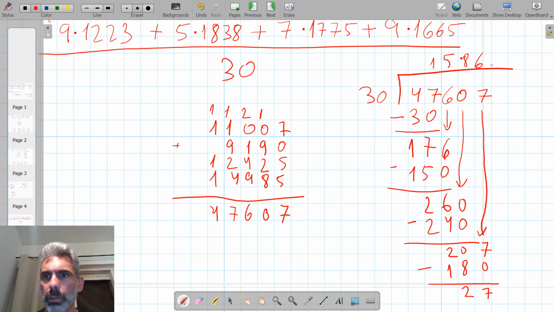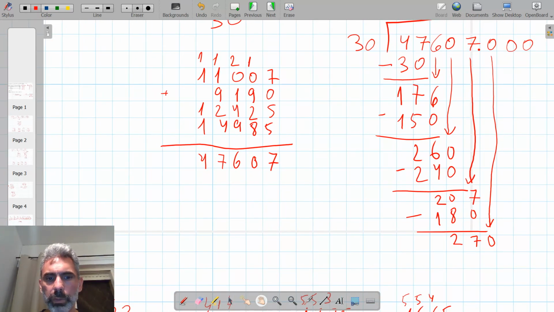Okay, so decimal point. 30 doesn't go into 27, but it does go into 270. Exactly 9 times, right? So 9 times 30 is 270.